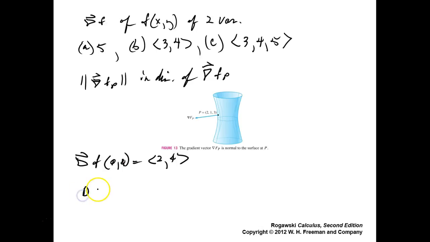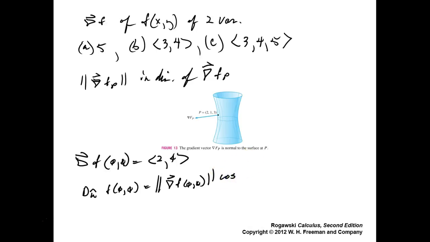It's the directional derivative in the direction of u, and it doesn't matter about u now, of f at (a, b), and your (a, b) here is 0, 0, is equal to the magnitude of the gradient of f at 0, 0 times the cosine of the angle theta.